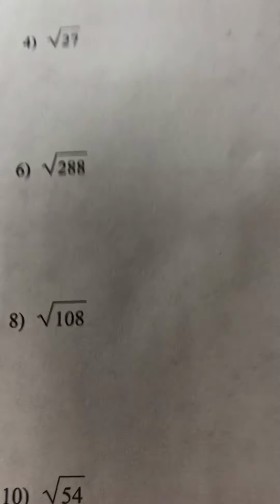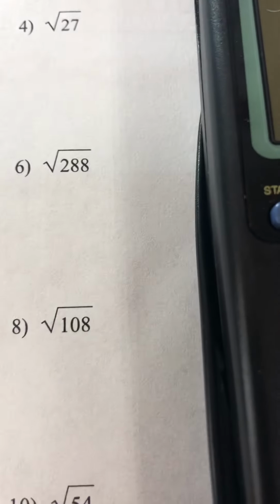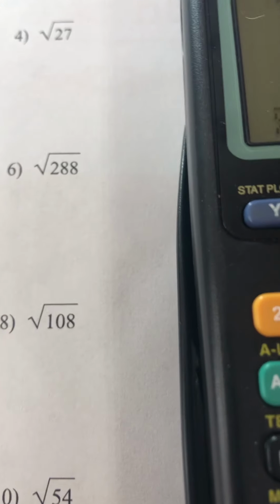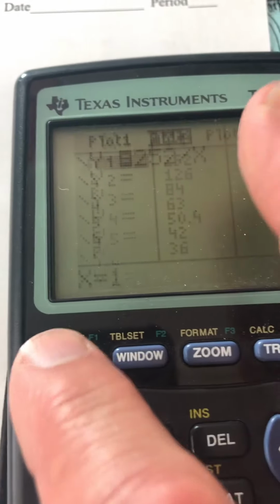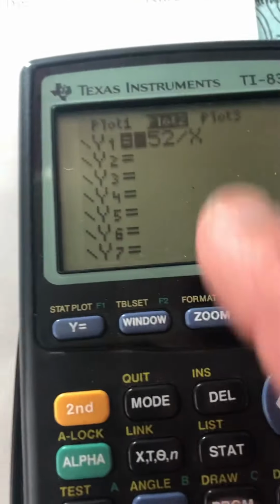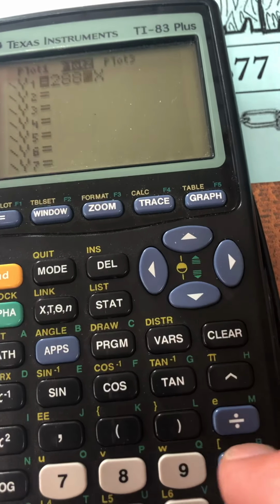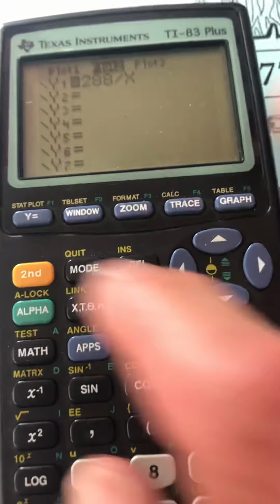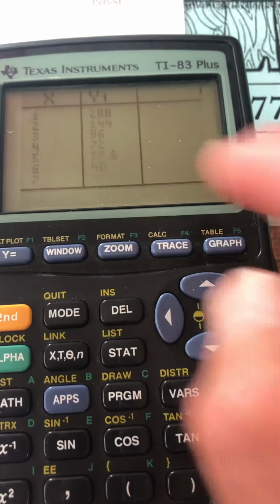Let me pick one just out of the blue, number 6, square root of 288, just to make sure you got the whole pattern down. So I'm just going to type right over this. I'm going to put 288 divided by my x. I'm going to hit second and table.